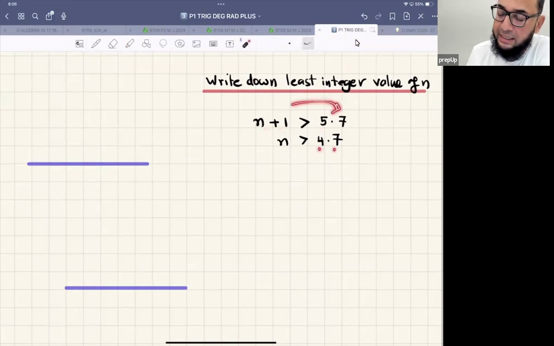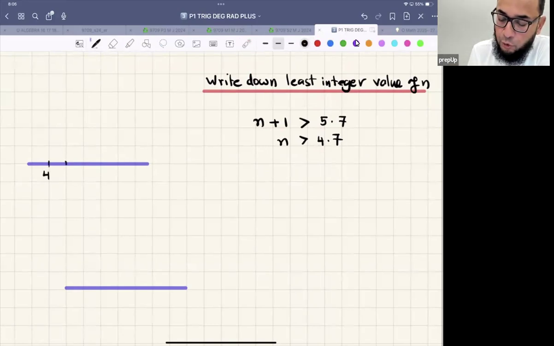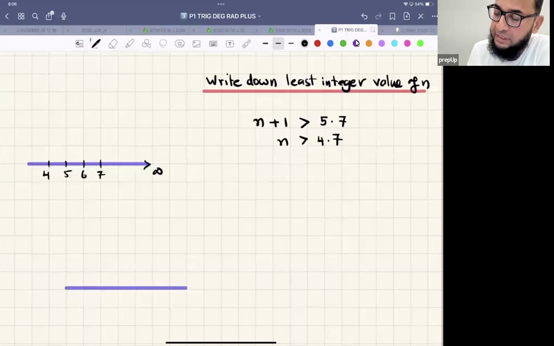Take it to the other side, n is greater than 4.7. So let me write over here 4, 5, 6, 7, all the way till infinity. n is greater than 4.7.